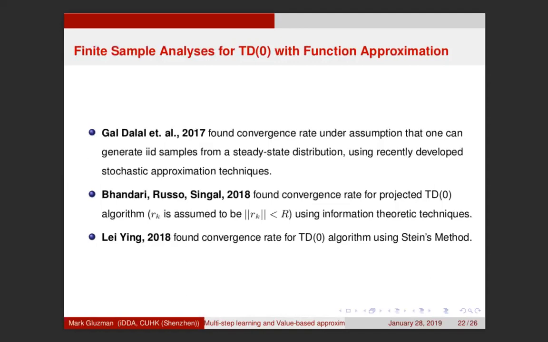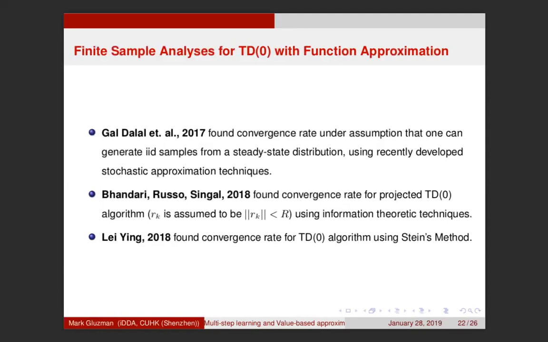However, 2 years ago, people had to assume that they can generate IID samples from the steady state distribution of the Markov chain associated with mu policy. 1 year ago, people were able to derive a convergence rate for projected TD0.